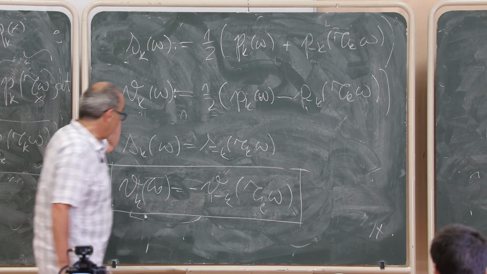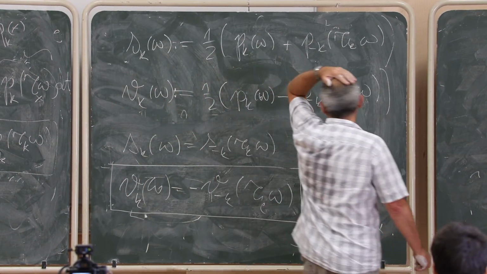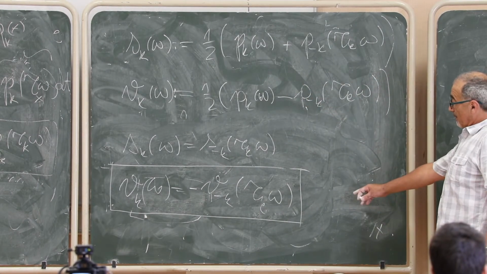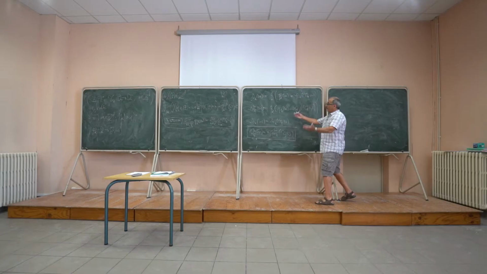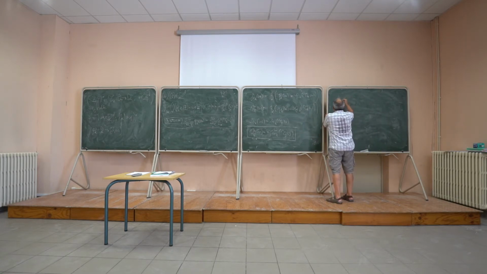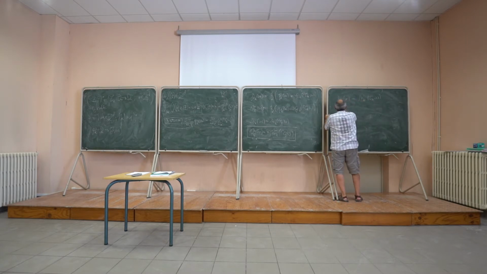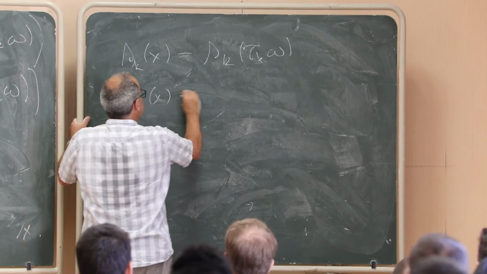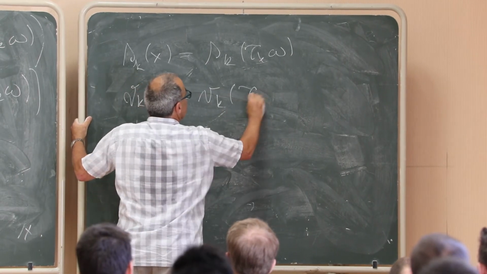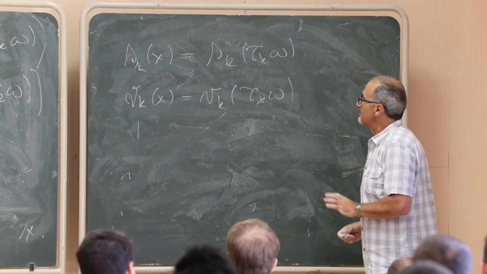And okay, now what I want to say is the following. A few notes about this. You can also lift everything on the lattice. Let me use the notation s sub k x for s sub k tau x omega, and v sub k x because it's v sub k tau x omega. I hope it will not cause confusion that I sometimes interchange it.